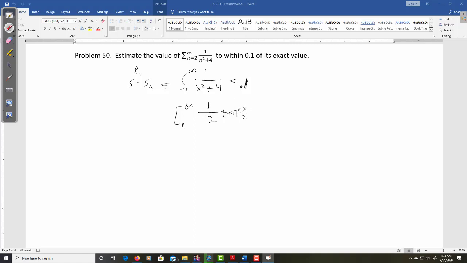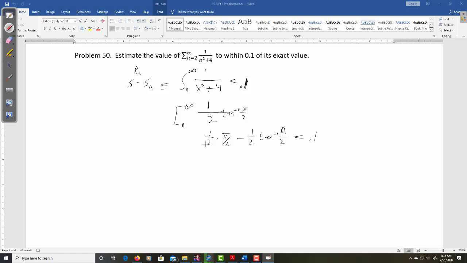Now as x goes to infinity, the inside of the inverse tangent goes to infinity. Inverse tangent will go to pi over 2. So this is 1/2 times pi over 2 minus 1/2 times inverse tangent of n over 2, which is less than 0.1.